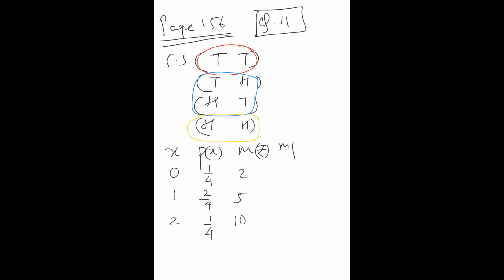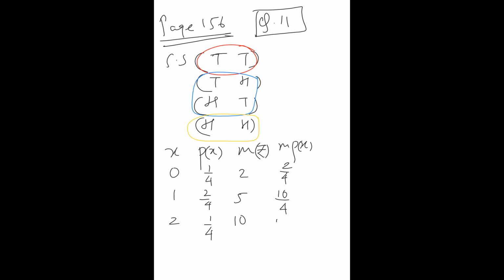So the expected value of the winning amount is equal to summation mpx this time. It cannot be xpx because a monetary value is attached to it. So it is summation of mpx. We will prepare a column that is mpx in our table. M into px: 2 into 1 by 4, which is 2 by 4. 5 into 2 by 4, that is 10 by 4.